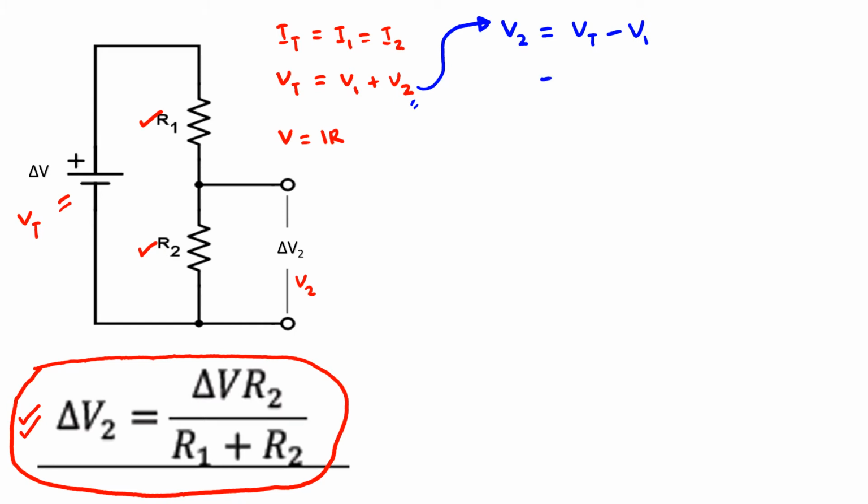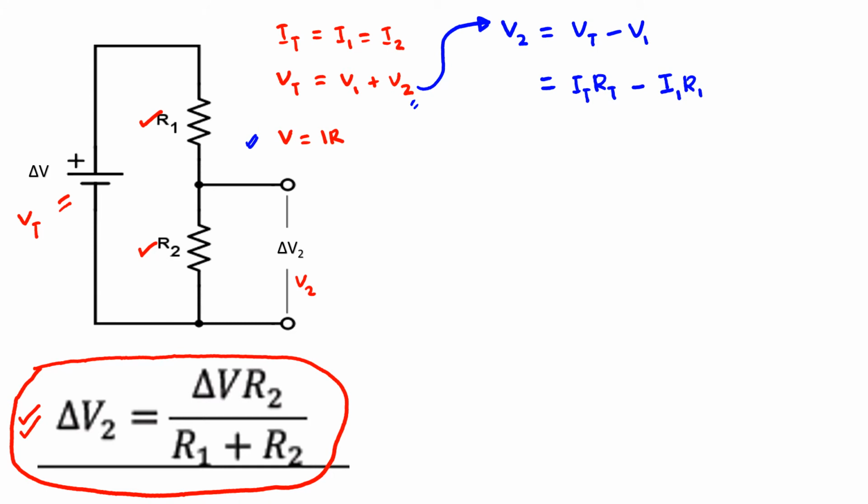Now, by virtue of Ohm's law, we could express VT in terms of this equation. Since it's the total voltage, that should be the total current multiplied by the total resistance, or equivalent resistance. Similarly, V1 would be equal to the current I1 multiplied by resistor R1.